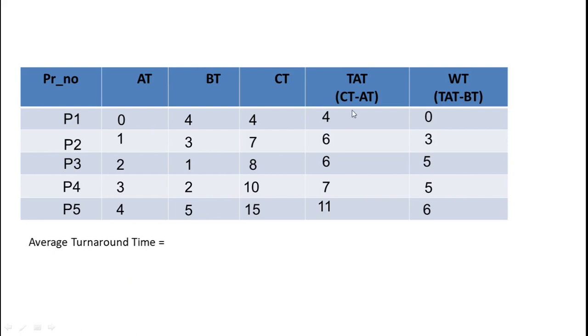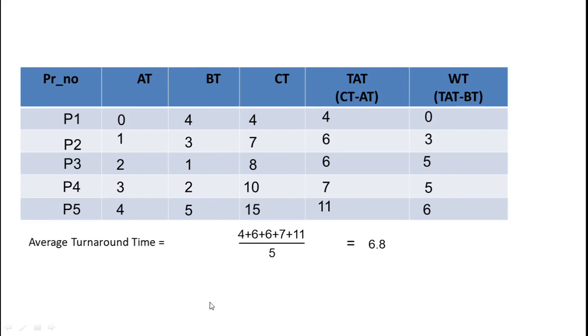So here we will make a summation of all these digits which we already got as turnaround time. So 4 plus 6 plus 6 plus 7 plus 11 divided by 5. If we solve this equation, then we will get 6.8 millisecond. Here you have to write millisecond as the time unit.